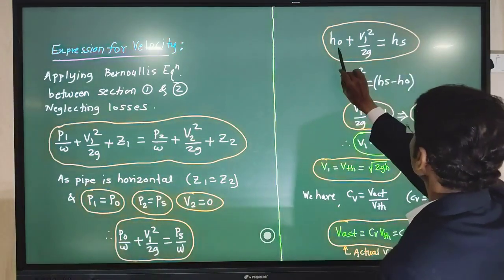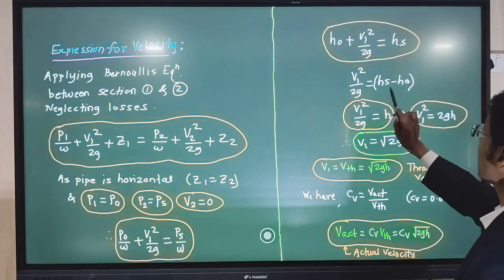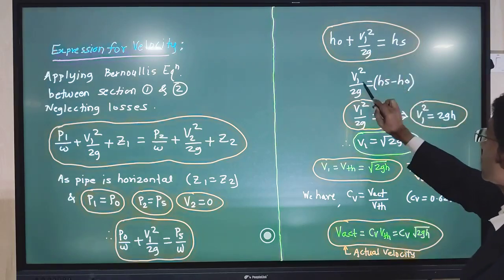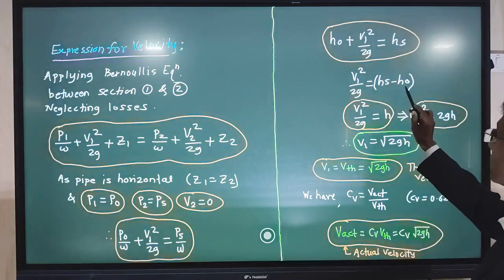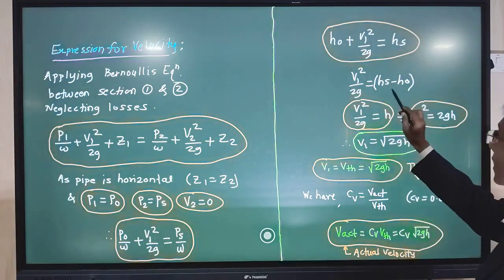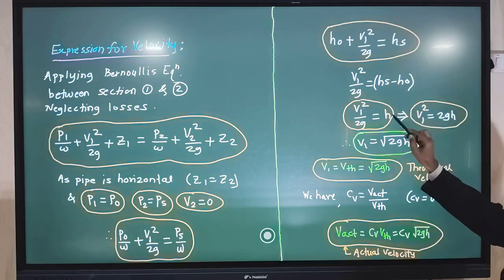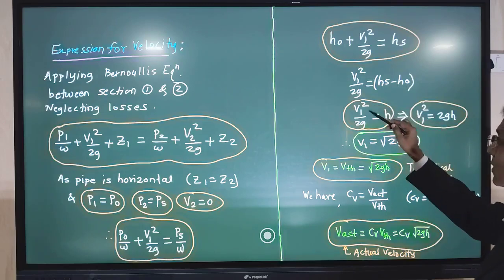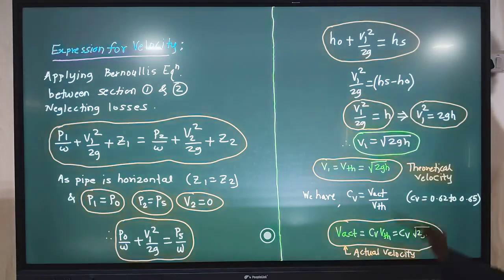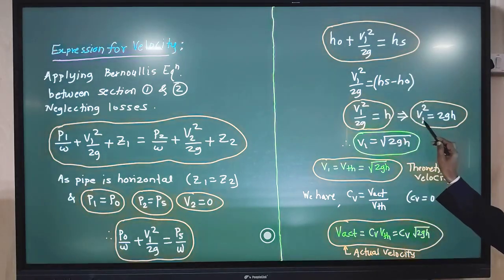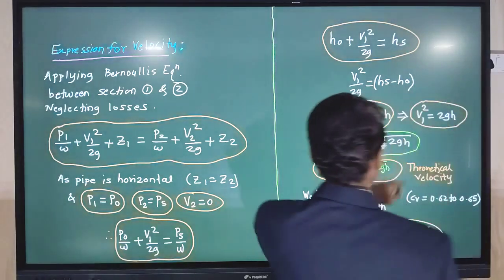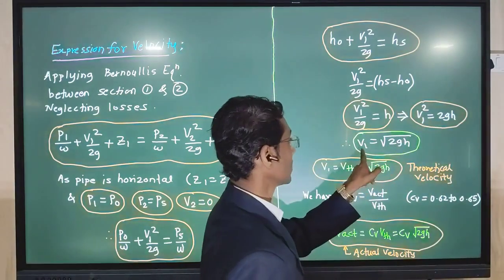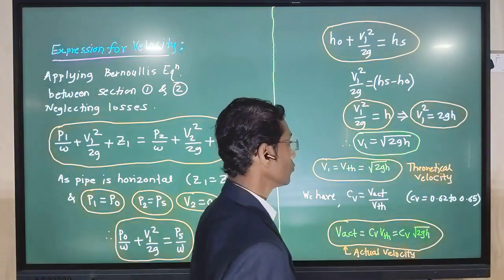Now, if you take HO to the right side, we find V1 square by 2G is equal to HS minus HO. By the diagram, we have seen that HS minus HO is H, the differential head of the Pitot tube. So V1 square by 2G is equal to H. Further, by arranging the terms, we get V1 square is equal to 2GH. Taking the square root of both sides, we get V1 is equal to square root of 2GH.